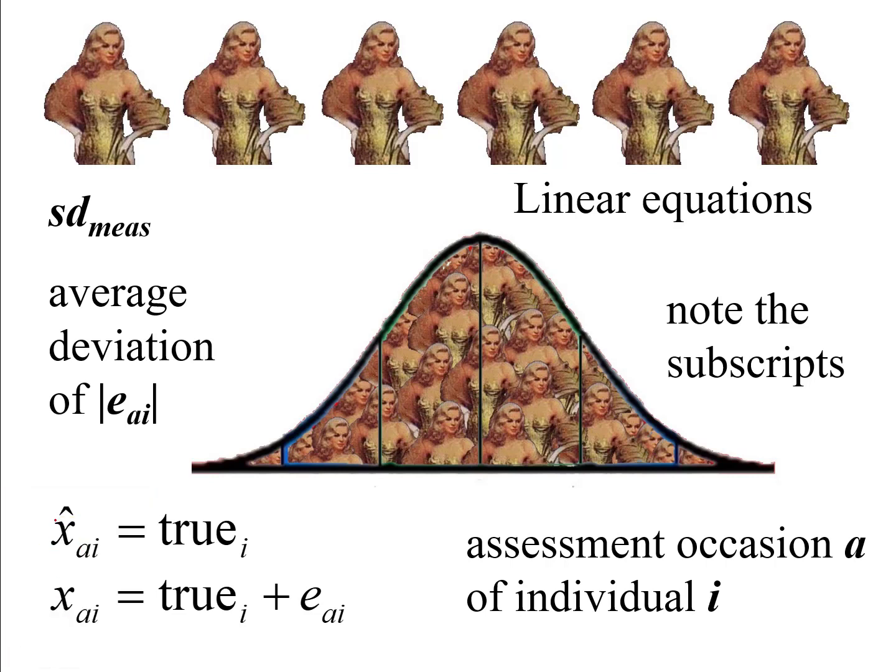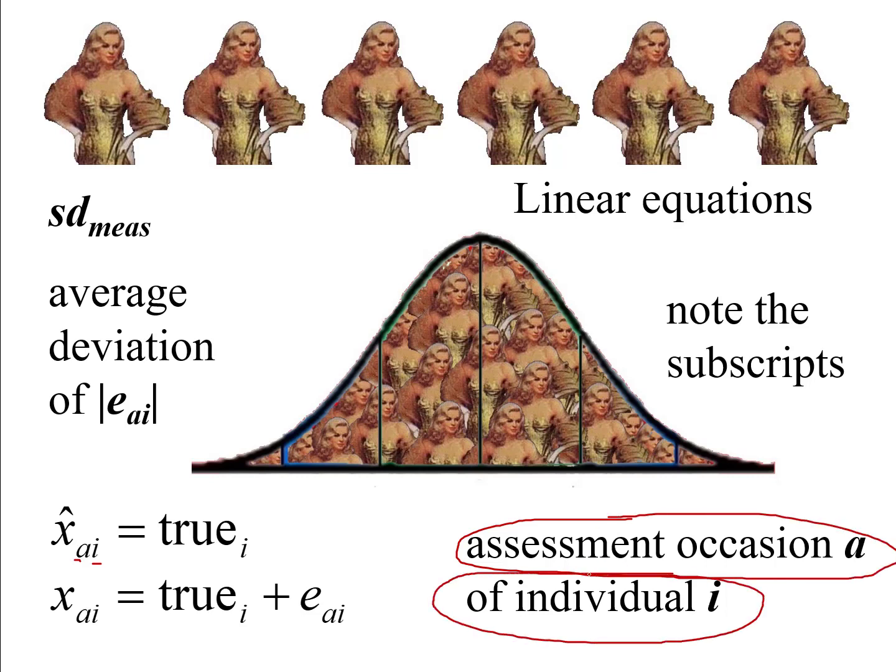So what do we have? We have an x with a hat on top, the predicted score on variable x, and I'm going to have subscripts AI to indicate this is the predicted score on assessment occasion A for individual I. This is going back to that googly-eyed sheep table, observations of what from what. With measurement error, we're looking at observations of different assessment occasions nested within a single case or a single individual.